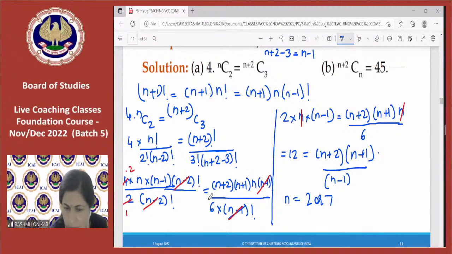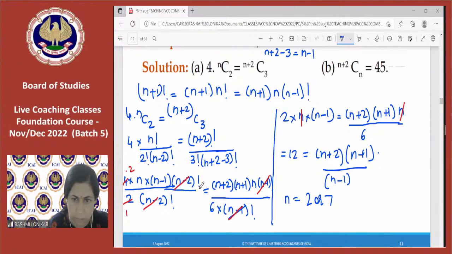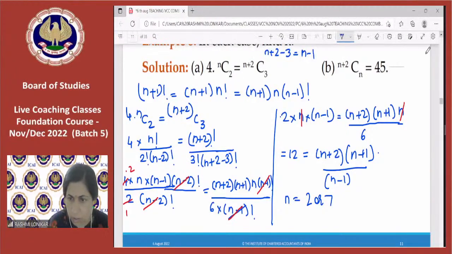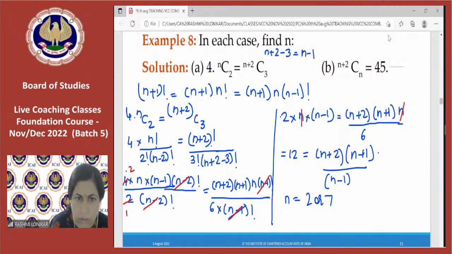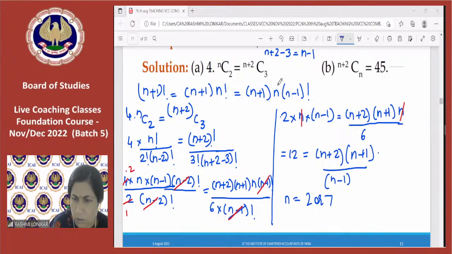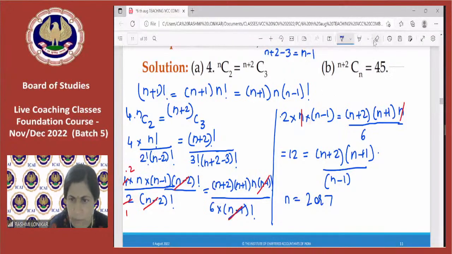Okay. Let me just add a page here because I am not able to show it here. There is no place here.